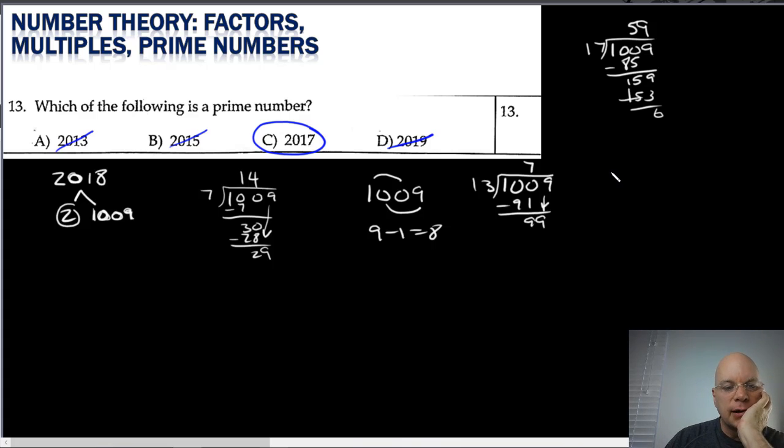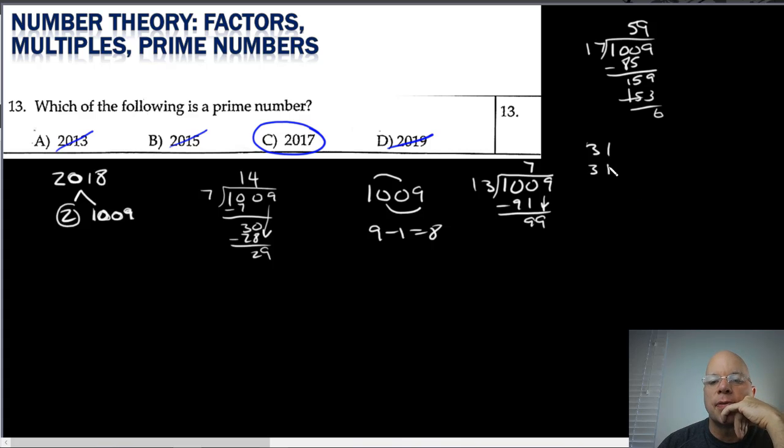How far do I have to go? I have to go pretty far because I have to check all the primes up to about 30 to really be sure. Really 31, because 31 times 31 is 930. I thought I could do that in my head. 31 times 31 is 961.